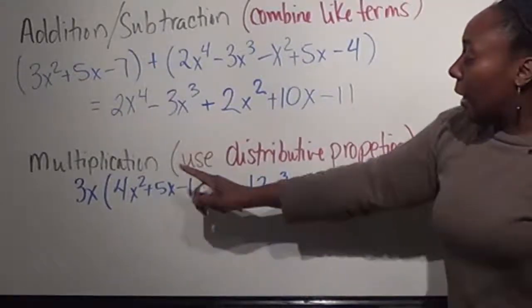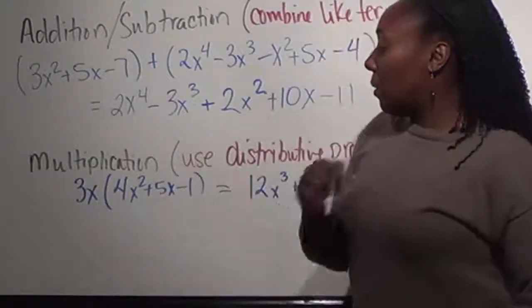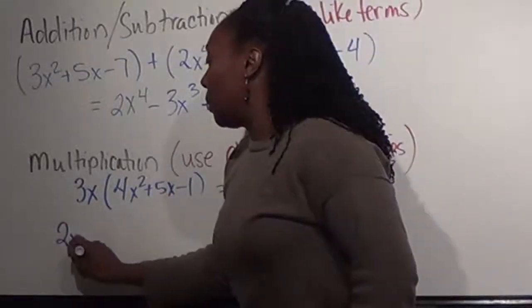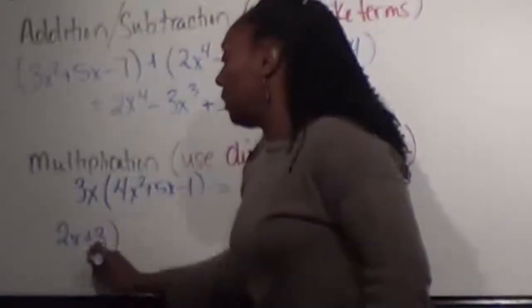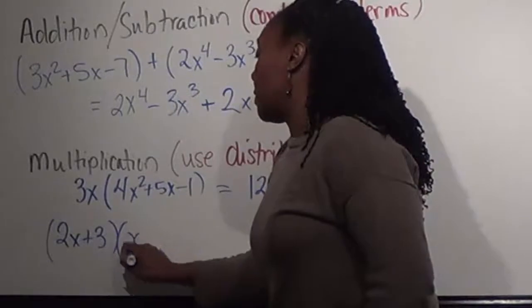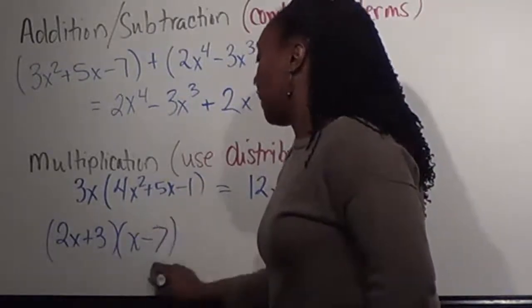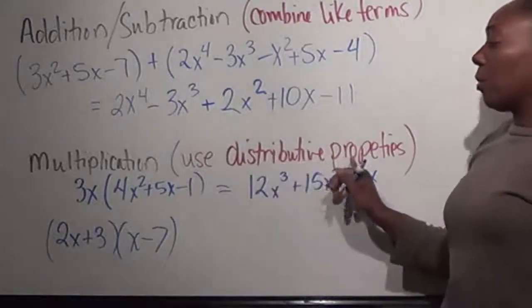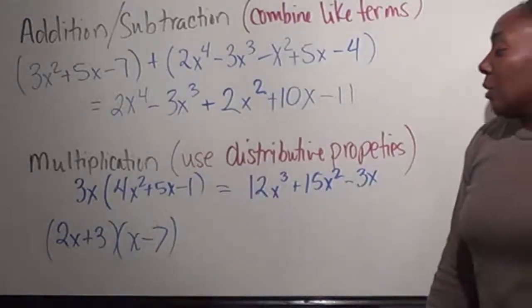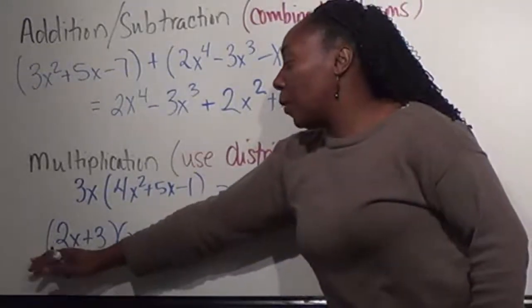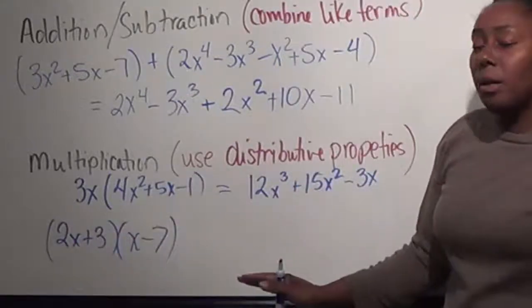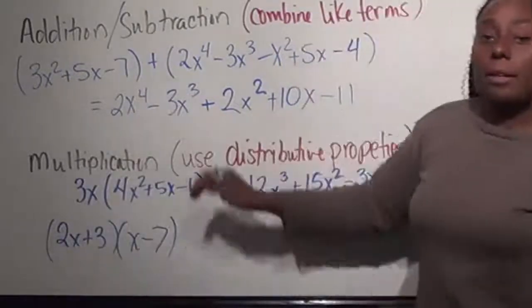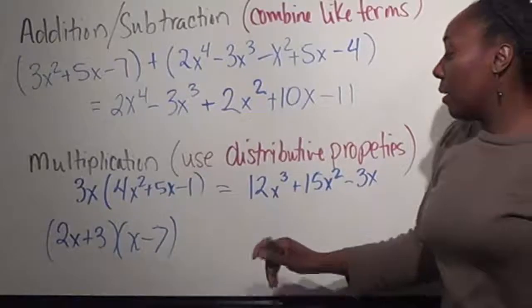Okay. If I have more than one term that I'm multiplying by, so for example, let's say I have a 2x plus 3, and an x minus 7. Okay? Then here, it's more than one distributive property. So I have to think I'm going to take that 2x and distribute it to each term, but I'm also going to take that 3 and distribute it to each term.